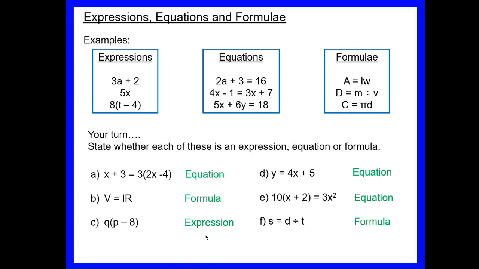So expression is the really easy one. No equal sign, it has to be an expression. The difference for an equation and a formula: an equation we could rearrange to solve, so often they have the same letter, so that we can rearrange to solve it. Formulae tend to have lots of different letters, and we need to be able to substitute to find values.